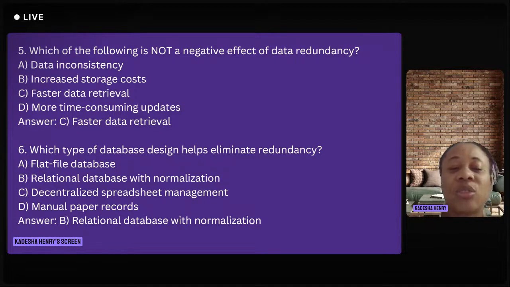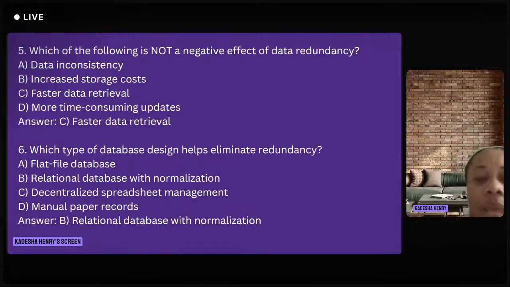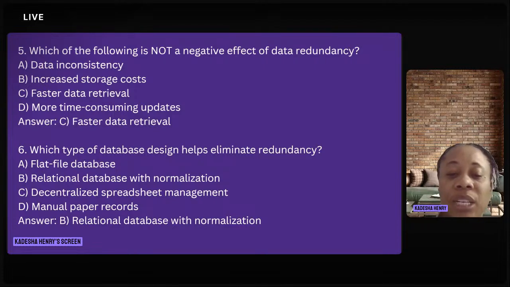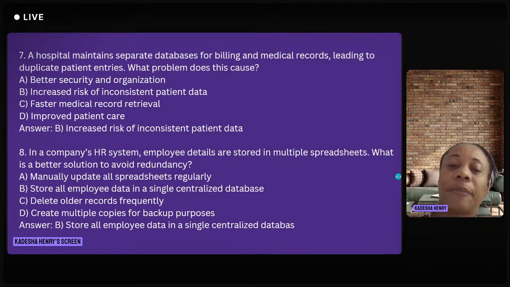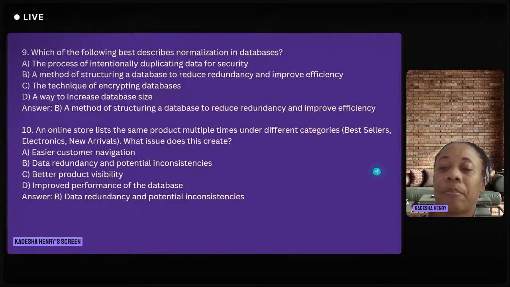C, decentralized spreadsheet management. D, manual paper records. And the answer to this will be relational database with normalization. Once you see that word normalization, because normalization eliminates redundancy, right?